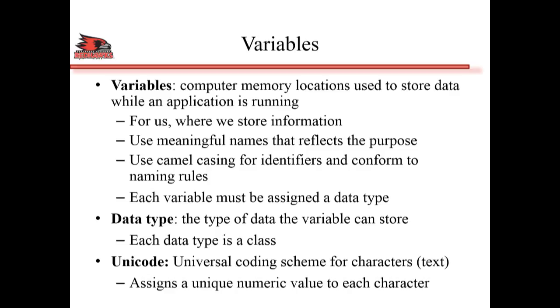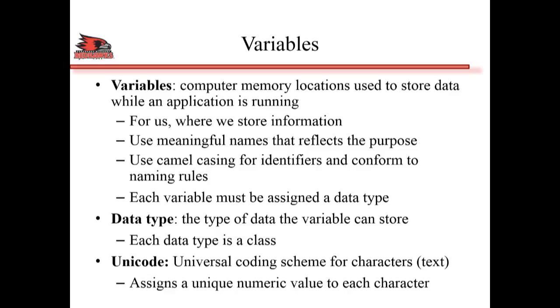They are basically a class of data or a class of variable. Also, Unicode is one of those coding schemes for characters like text, sentences and so on. When the computer stores it, these texts go back to numbers, which represent the symbol for the text.